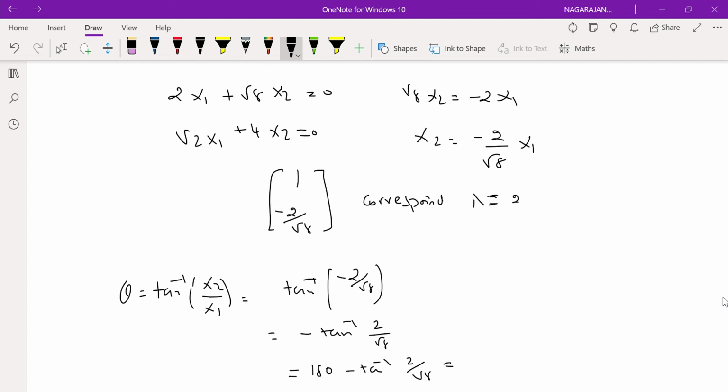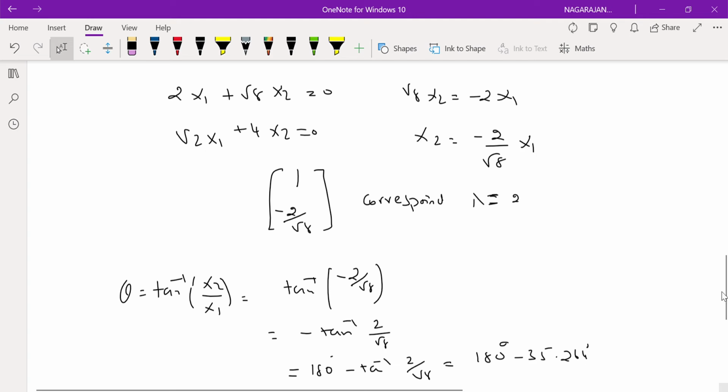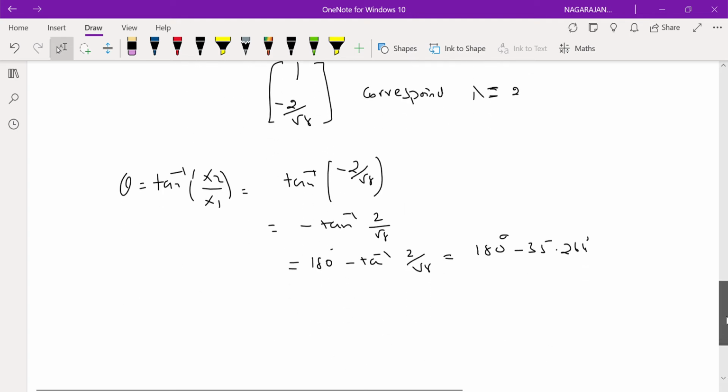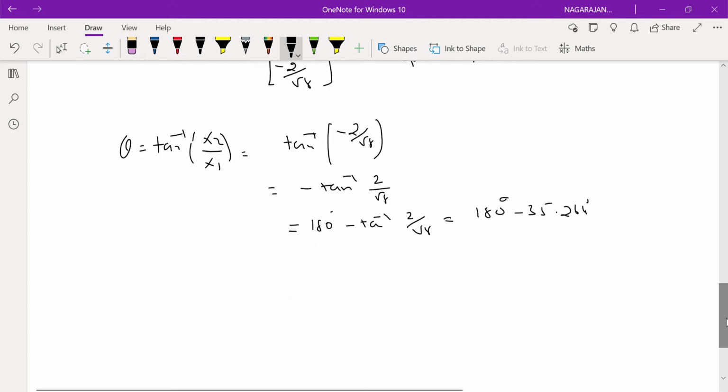Use the calculator: 180 degrees minus 35.264 degrees, and this one is 144.73 degrees.